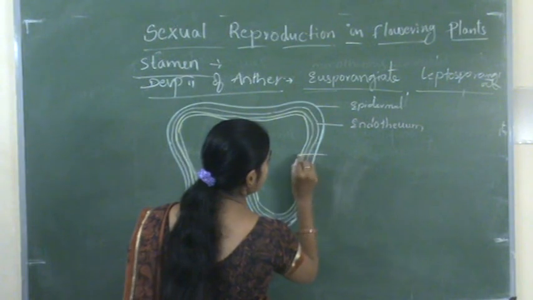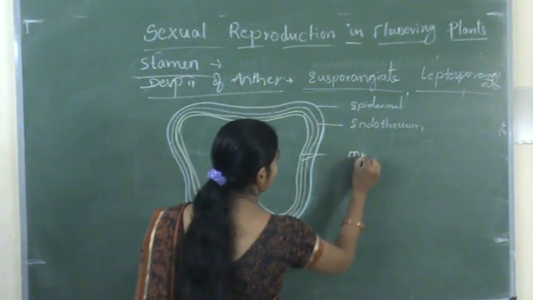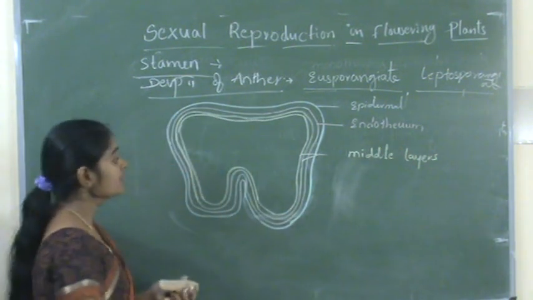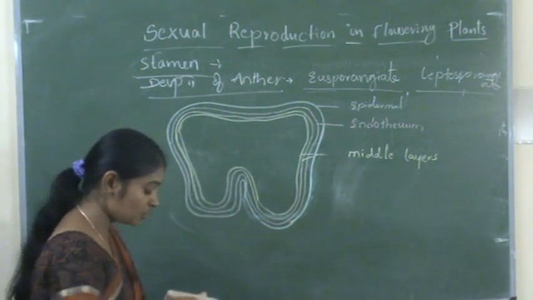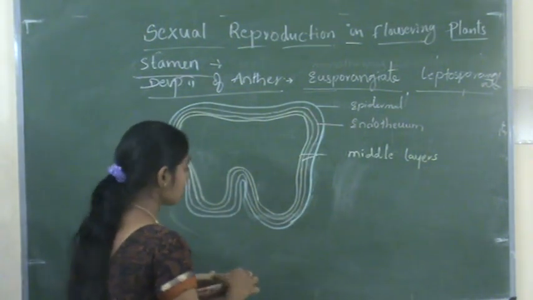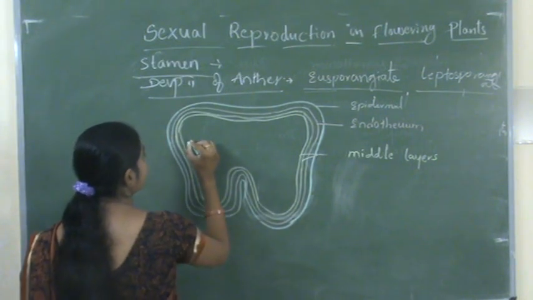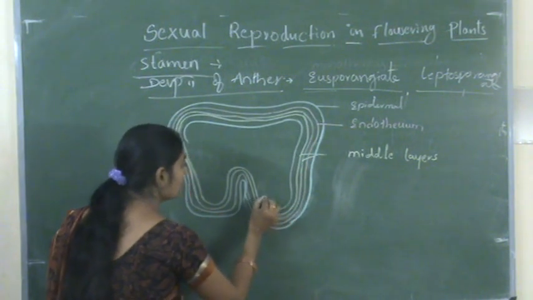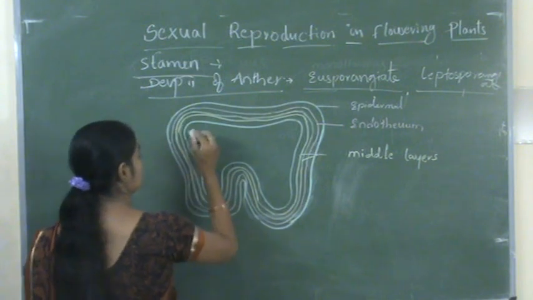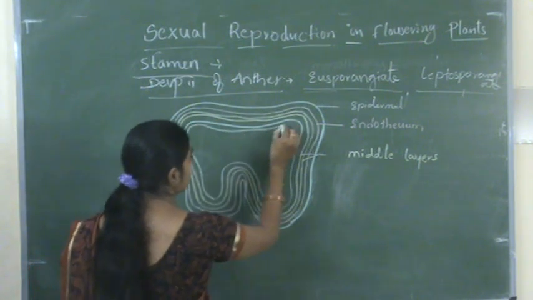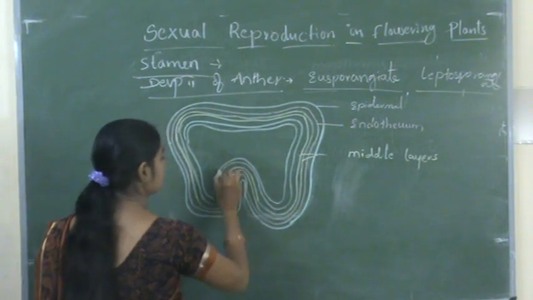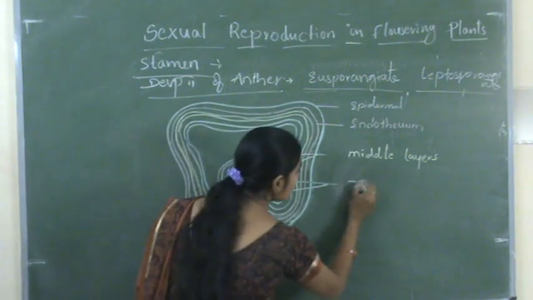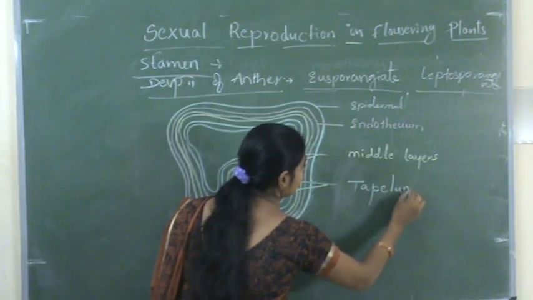And inner to these middle layers there is one more layer, called the tapetum, and this tapetum is again of 2 layers. The innermost layer is the tapetum.